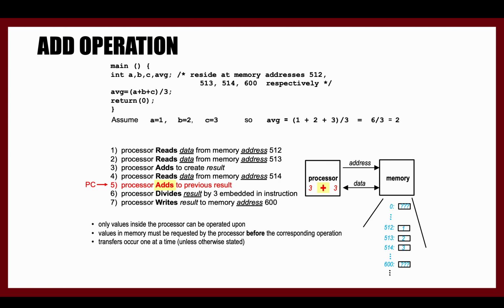In this step, the processor is adding the value 3 from memory address 514 to the previously computed sum, which is 3, from a equals 1 and b equals 2. The diagram showcases the addition operation inside the processor with the result 6, from 3 plus 3.